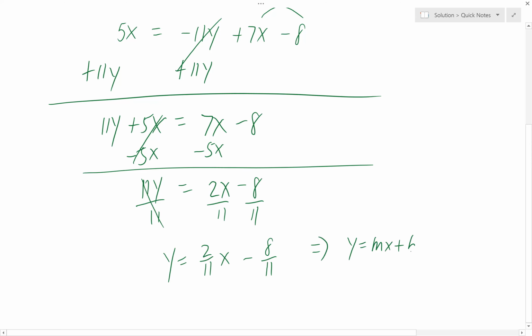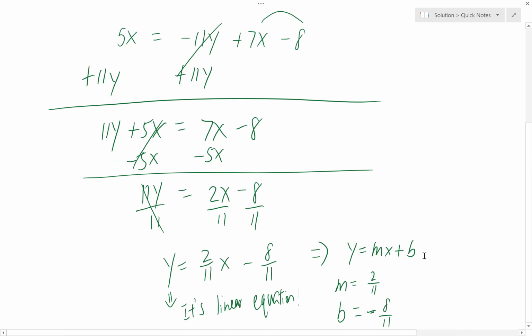We know that the slope here is 2 over 11, and the y-intercept b is negative 8 over 11. So this is definitely a linear equation, and you should answer that it's linear. Always give a summary of what you did.